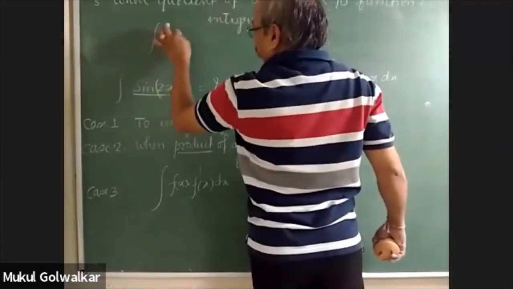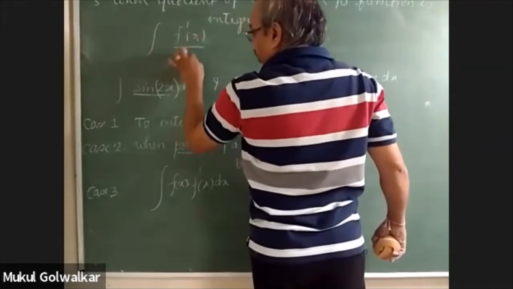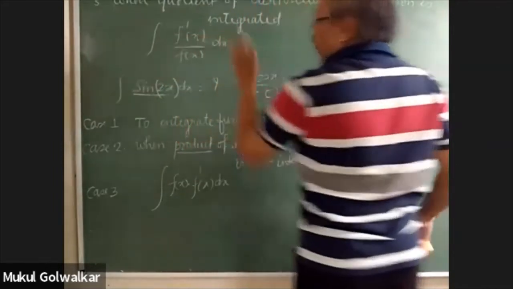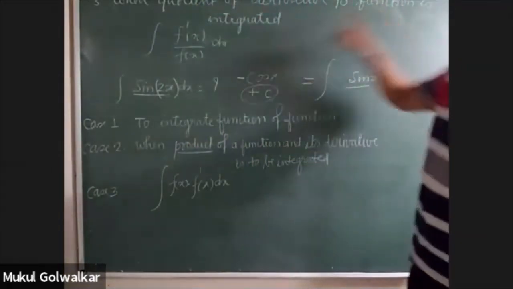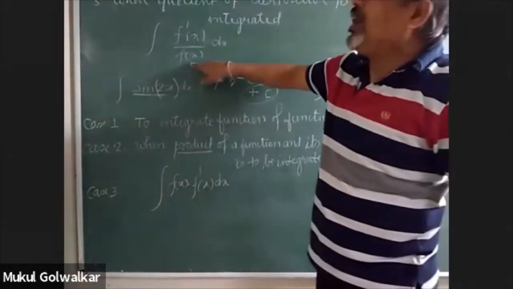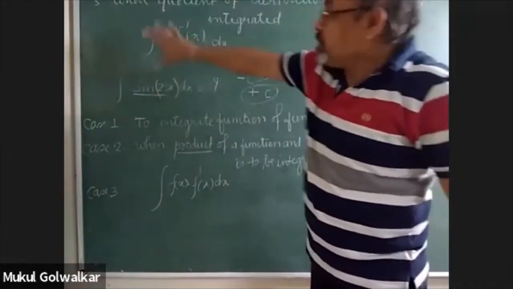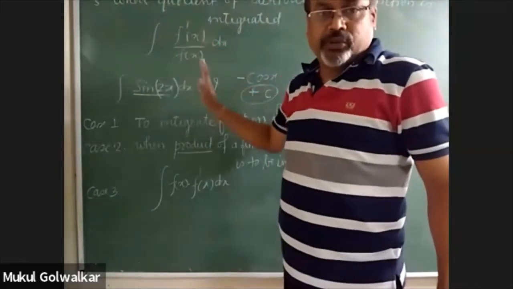This type of function is given as f dash x divided by f of x dx. The derivative is written in the numerator and the function in the denominator. So this is the third case in which we use integration by substitution.